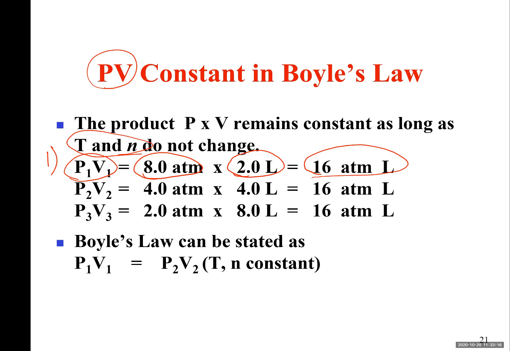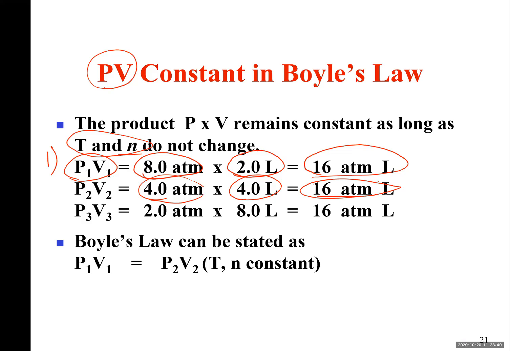So I go back to the same experiment, same gas, same amount of the gas at the same temperature. When I reduce the pressure to 4 atmospheres, volume is increased to 4 liters. If I multiply pressure times volume, I get 16 atmosphere liters.